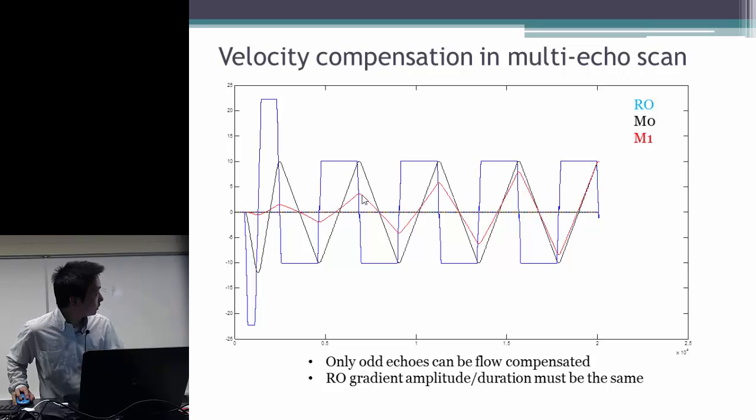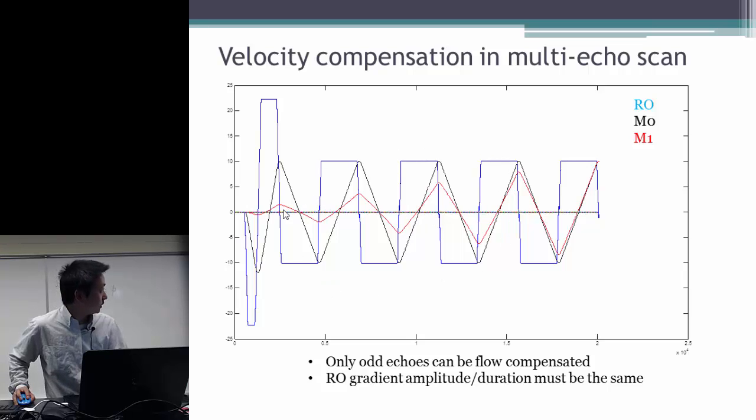For the zeroth gradient moment, we can see that it always goes back to zero at the center of the readout. So that means we can successfully collect a gradient echo at the center of each readout.